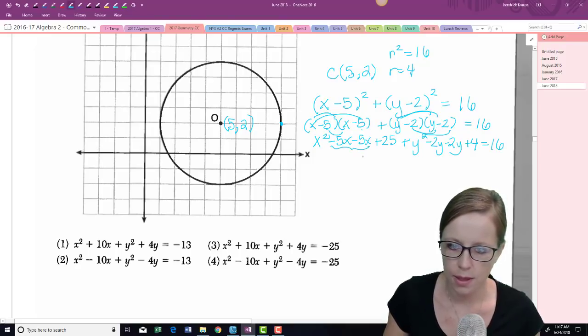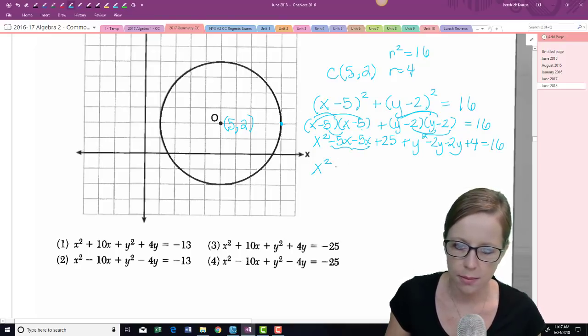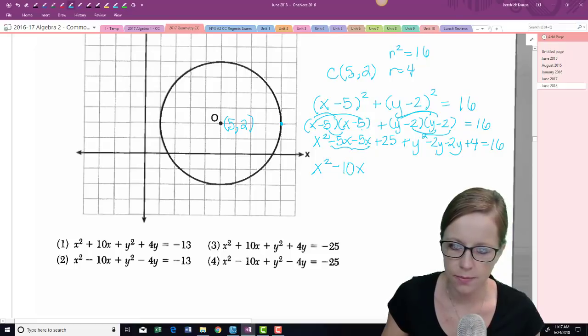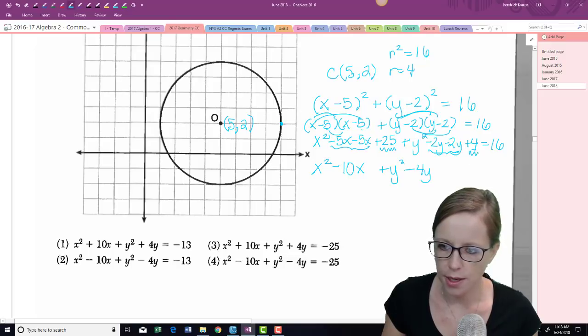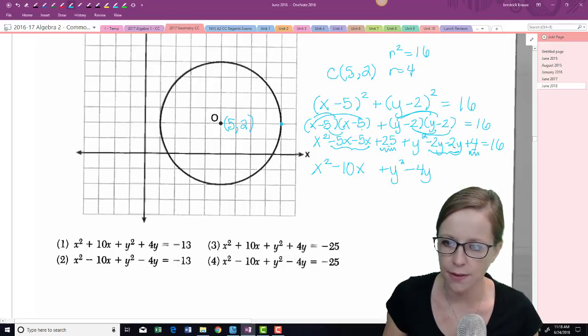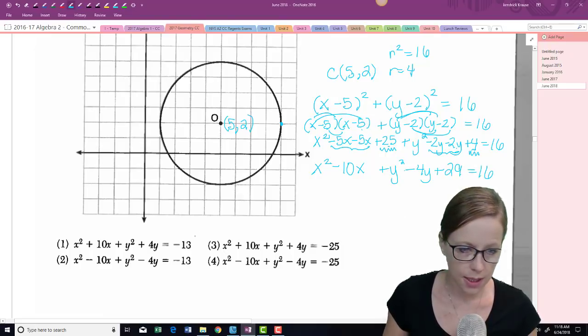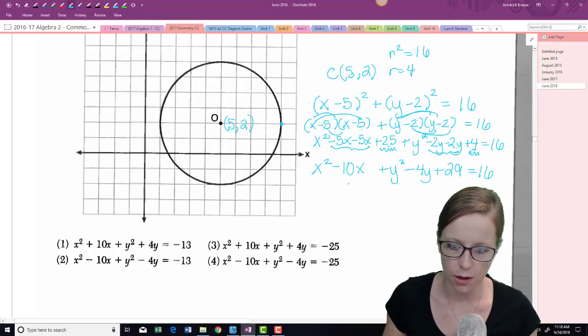All right, so x squared minus 10x, y squared minus 4y, and I have this 4 here. So on the left, I've got 25 and 4 is 29 total equals 16. So in all of these questions, they've really gotten that all alone.